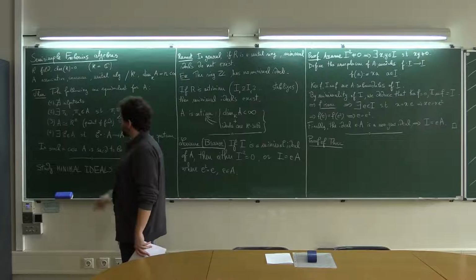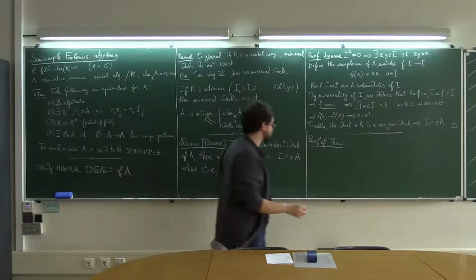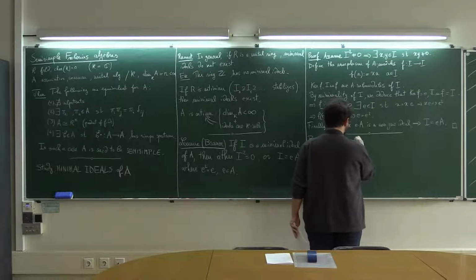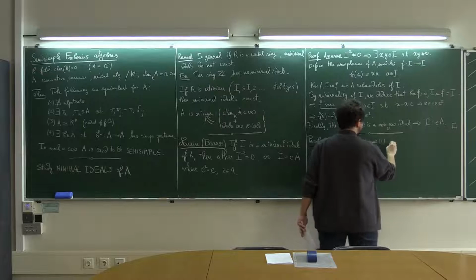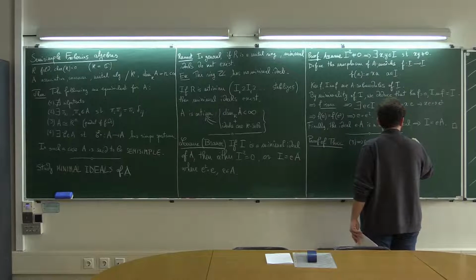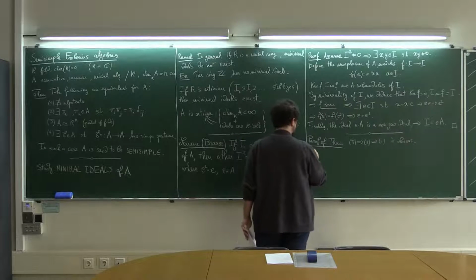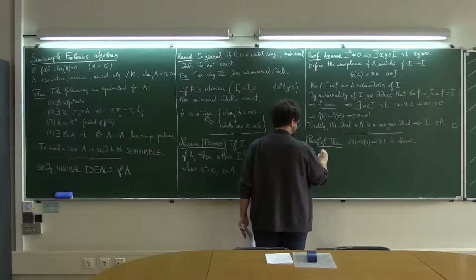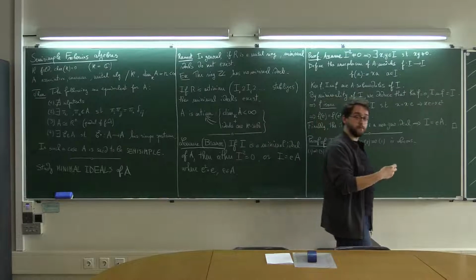For example, 3 implies 2 implies 1 is obvious. I prove that 1 implies 3. And I do that by induction on the dimension of the algebra.